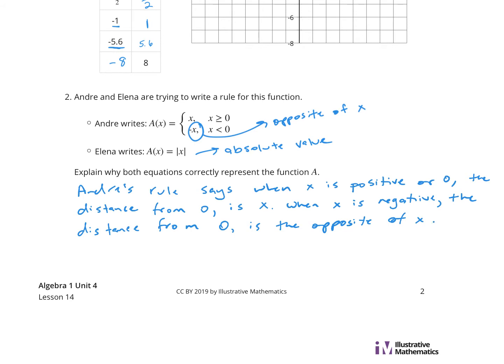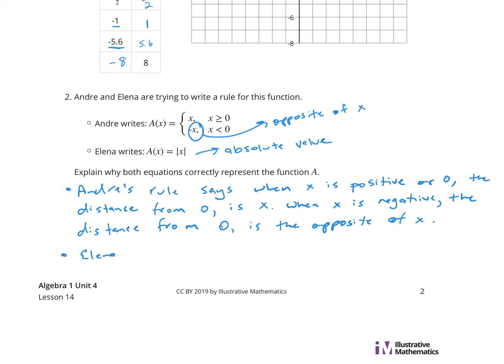So therefore making it a positive value. So that's Andre's rule. Elena's rule is just flat out saying that the distance of x from 0 is the absolute value of x, which is always positive.